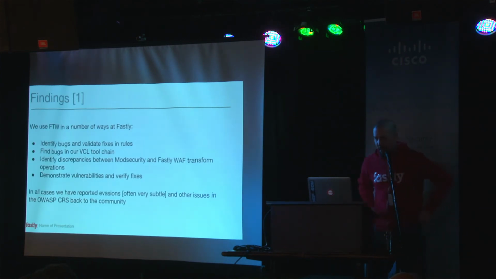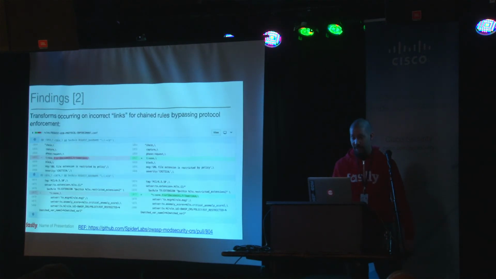Identifying problems in our rules is one thing, but we also use it to verify fixes, and to identify bugs within our tool chain as well. In some cases, if we found an evasion, we'll use the FTW rule format to communicate that upstream. We found a few things that resulted in evasions, and they're very subtle, which illustrates how easy it is to make a mistake when writing these rules.